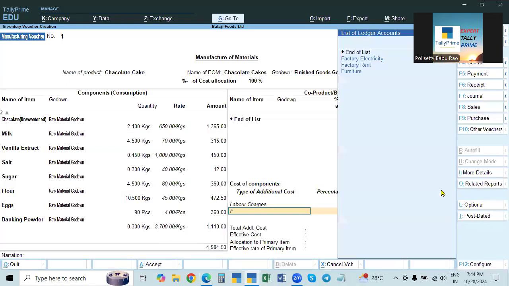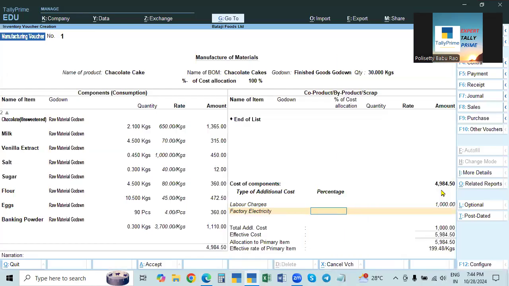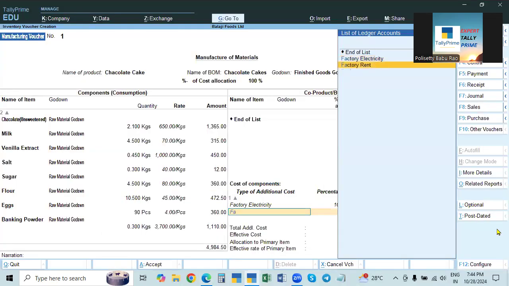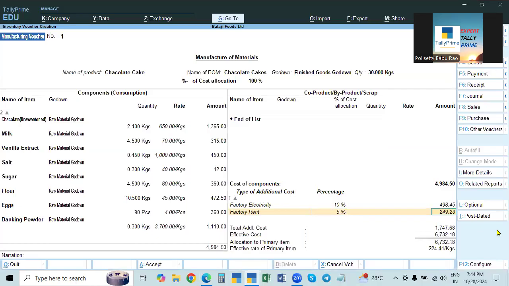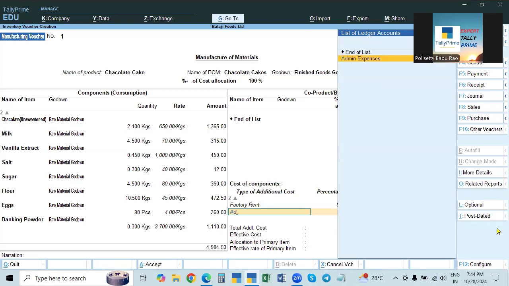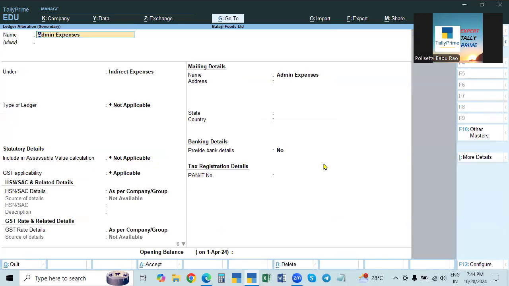Factory electricity is given as 10% of the material cost, automatically calculated. Then factory rent 5%. Then administrative expenses, which I am taking as indirect expenses because administration is for the factory as well as for the office; some supervisors will be there.